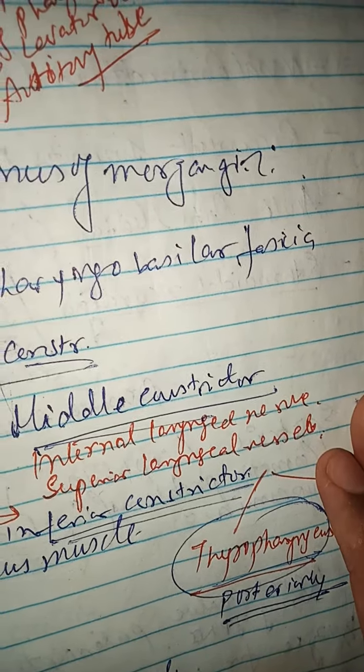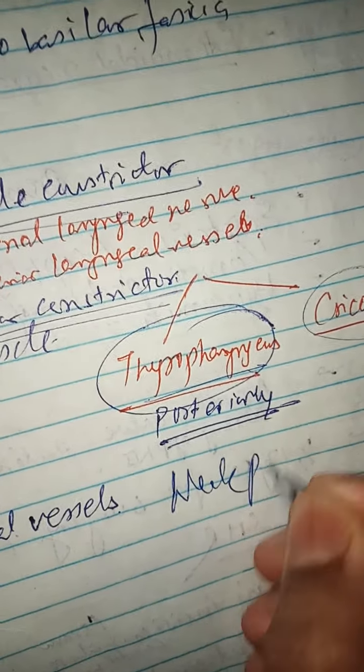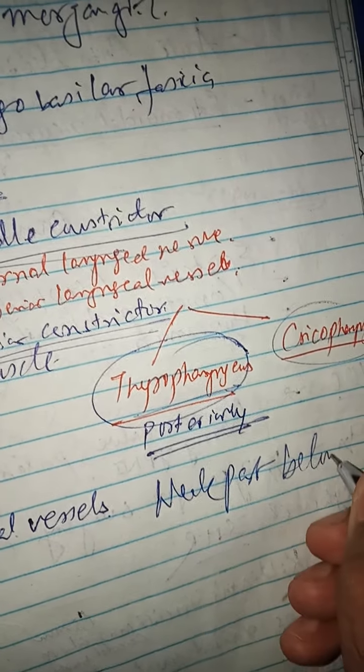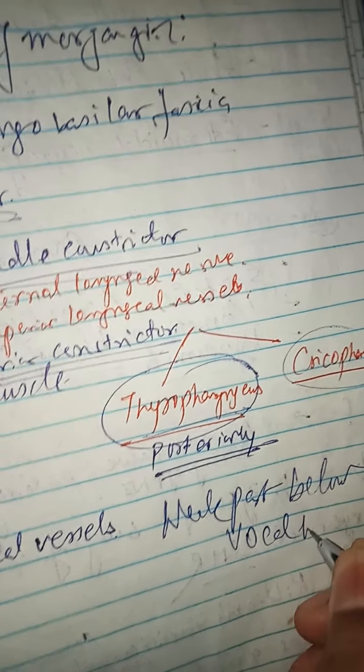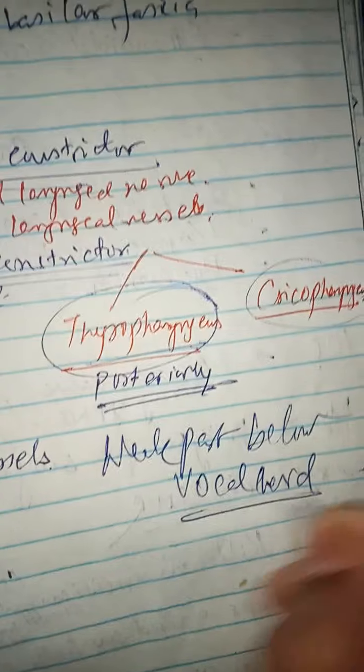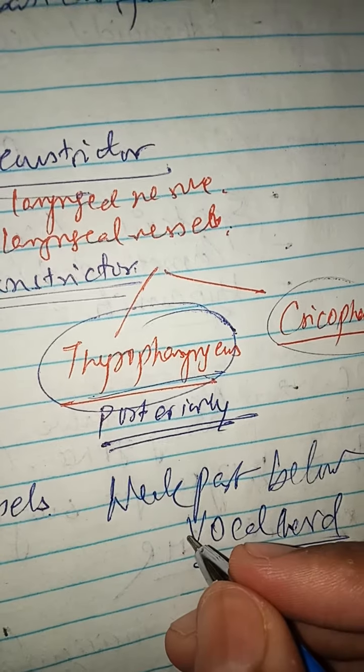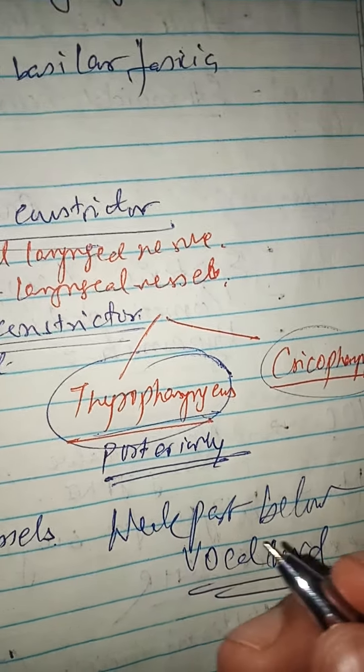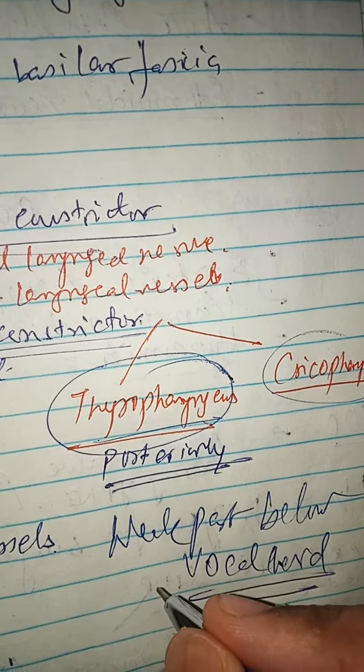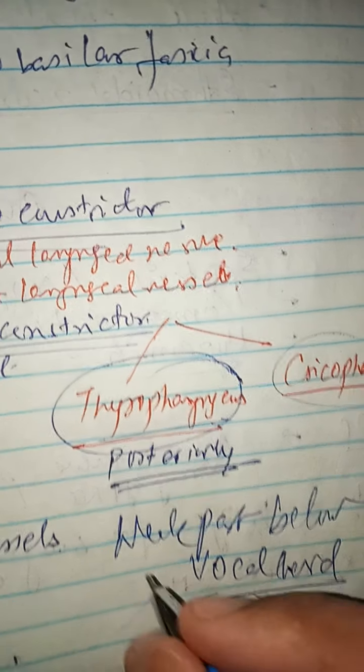So there is a weak part below the vocal cord, at the upper border of the cricoid lamina, inferiorly limited by the cricopharyngeal sphincter.